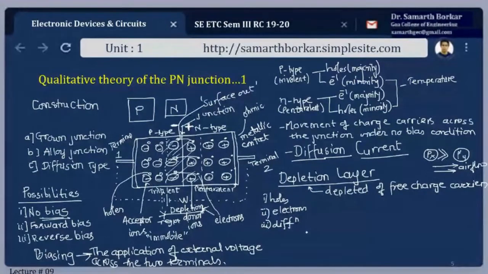Now, if I go by this theory, what will one expect? That all these electrons right from here, the inside region, will come into this P type region and they will recombine. Fine, but this is not going to happen. Now why? If it so happens, we can visualize, or one can expect, that all the holes in the P region and the free electrons in the N region flow towards each other and combine.